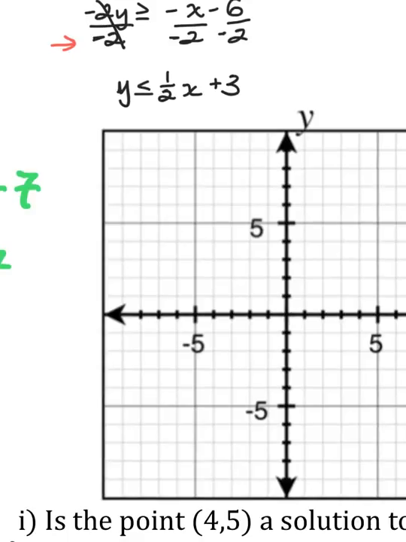So I'm going to graph that, start up at 3, go up 1 over 2, down 1 over 2. And it is an or equal to, so that would be a solid line.